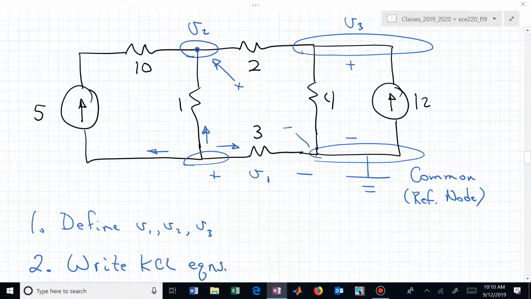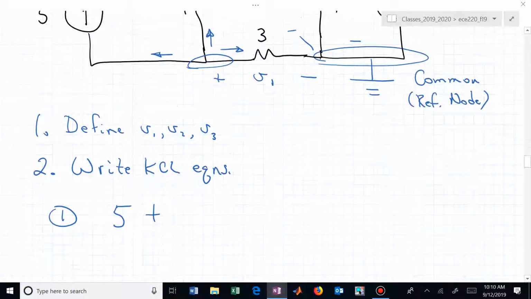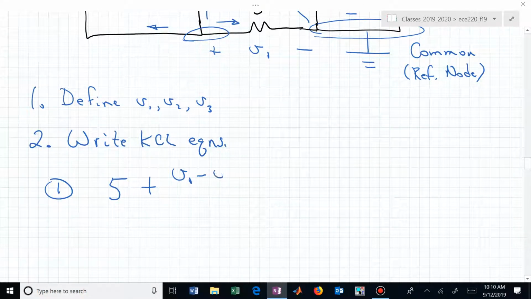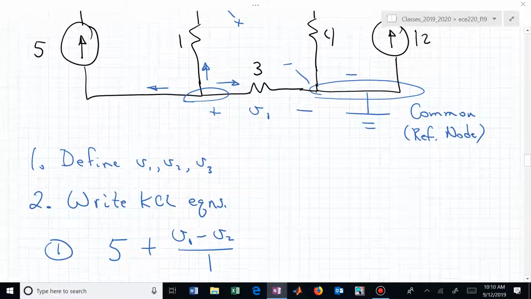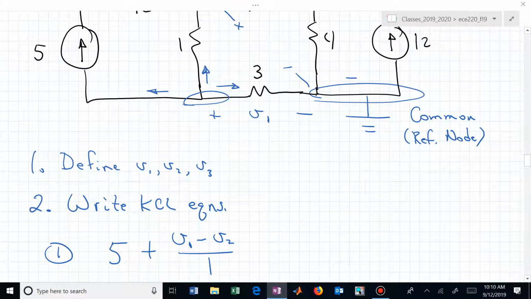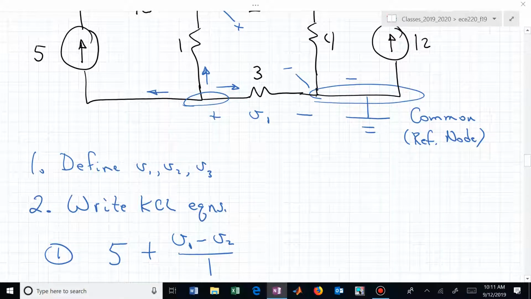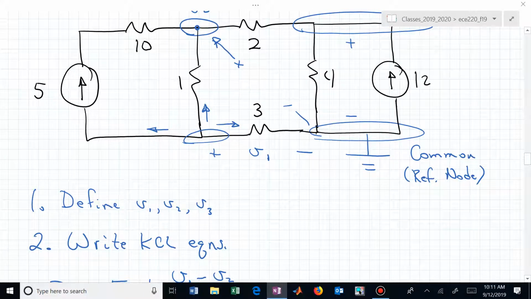What's the one going straight up through the 1 ohm resistor? Now I want my positive label on that to be at the bottom of the resistor. That's where I'm at. That's V sub 1 minus where I'm going, which is V sub 2, and divide by the resistance. Ohm's law is telling me the current going vertical is V1 minus V2 over 1. What about the current going to the right?